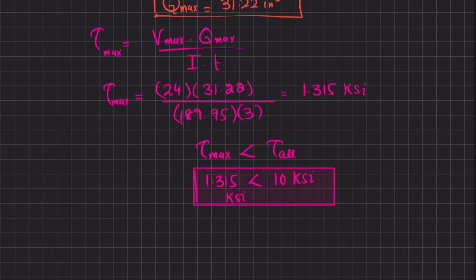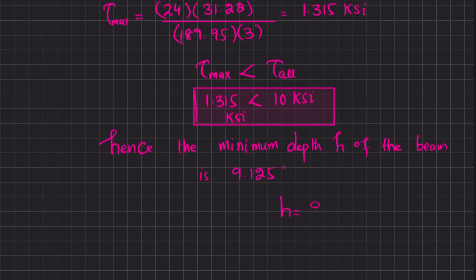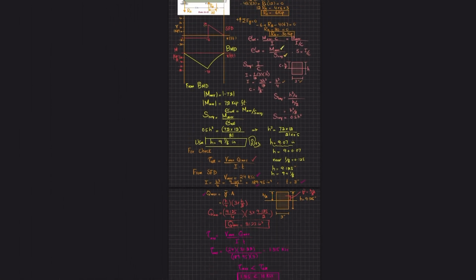So the end result is that hence the minimum depth h of the beam is 9.125 inch. And that was all about this problem 11-22.